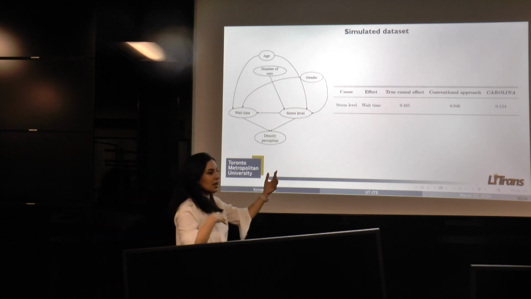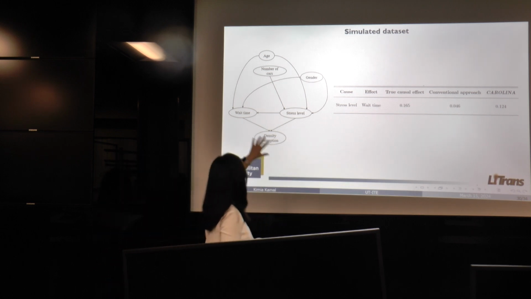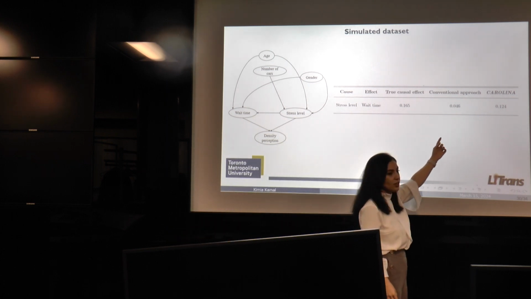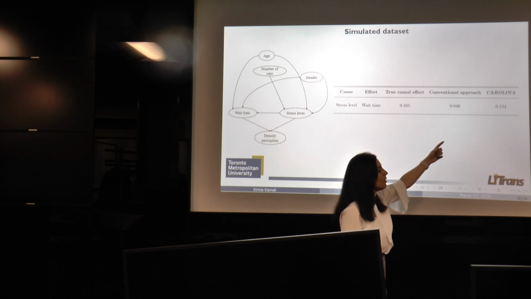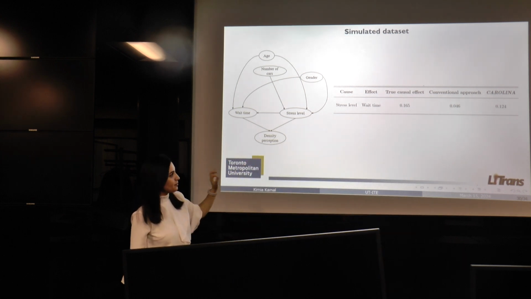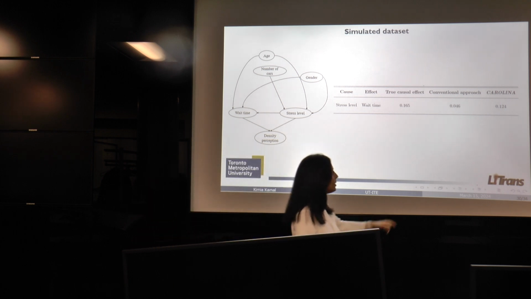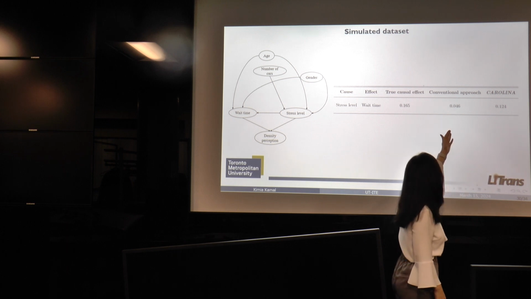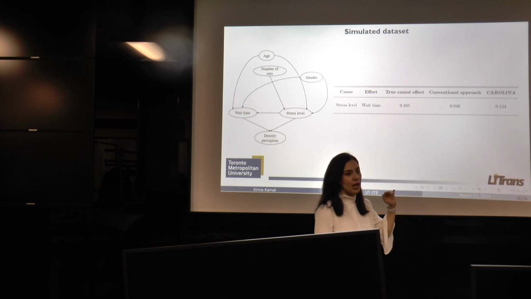In the typical, conventional approach, we condition on all these variables, but in Carolina, we follow this causal structure. And as you can see, although in Carolina we still have error, this error is much lower than the conventional approach.